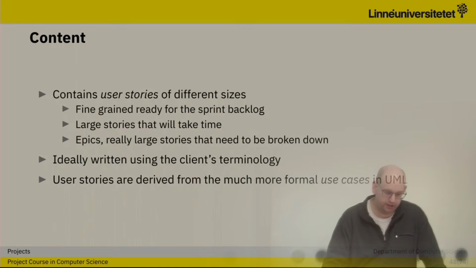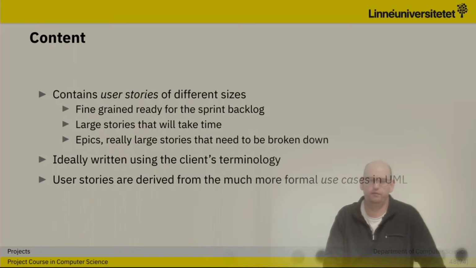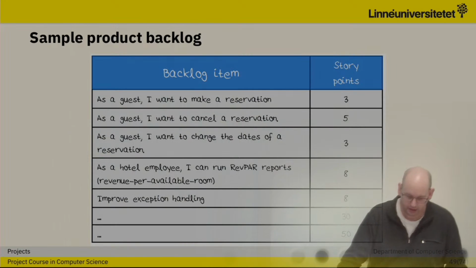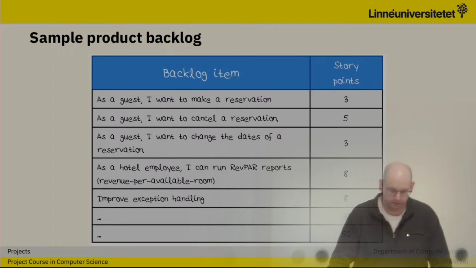And these should be written using the client's terminology, so with the words of the client. They are derived from what's called use cases in UML, but they are quite different from what use cases are, and we'll get to that, but we'll just see here an example.